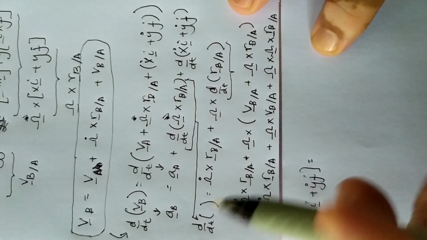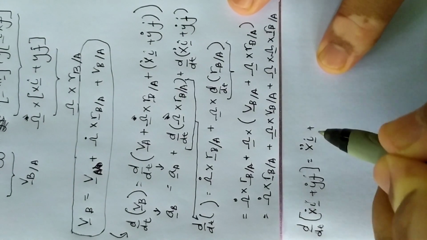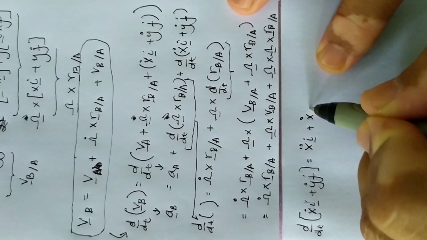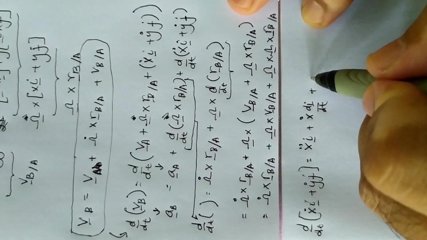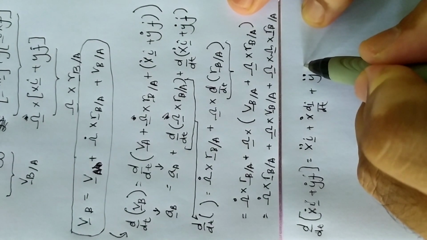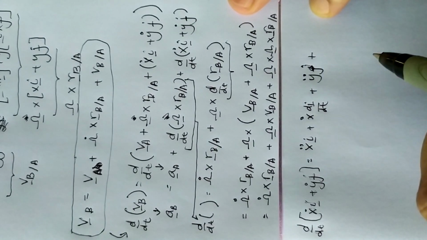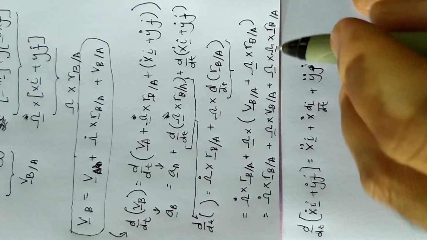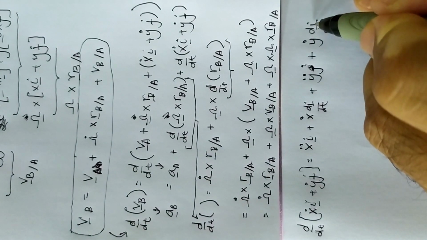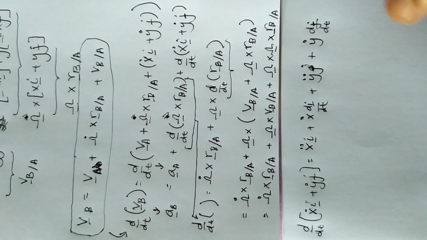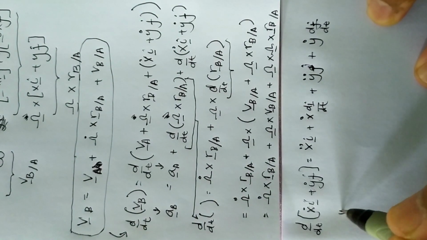So d over dt of x dot i, we will have x double dot i plus x dot di over dt, plus d over dt of y dot j, we have y double dot j plus y dot dj over dt.